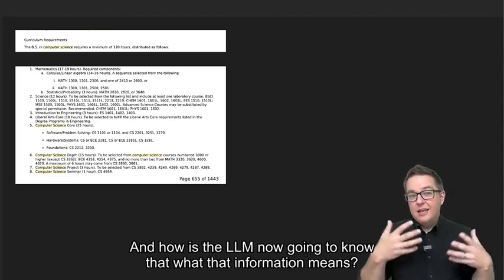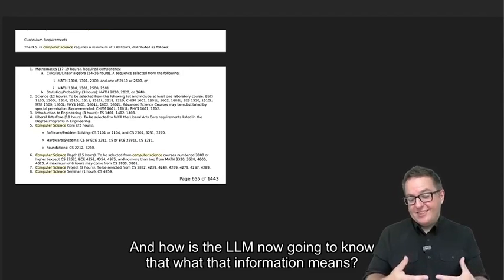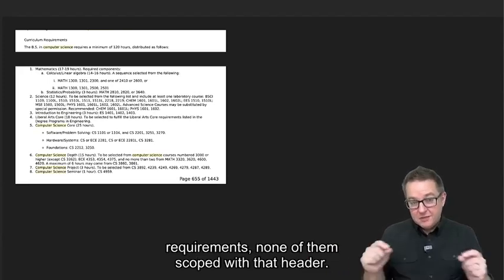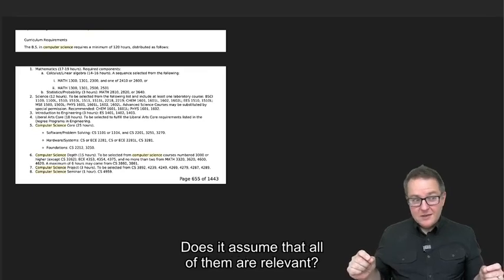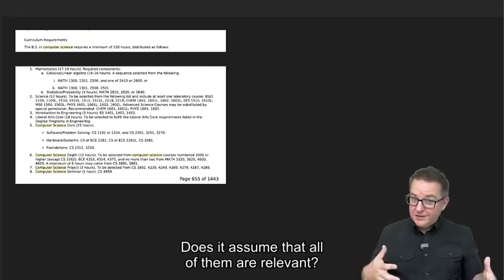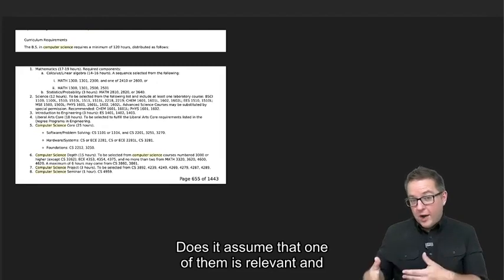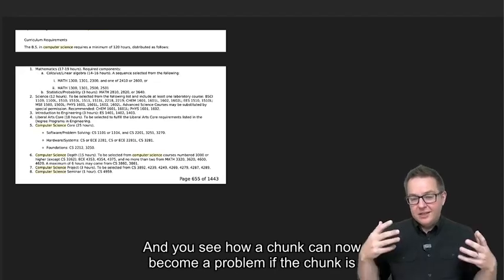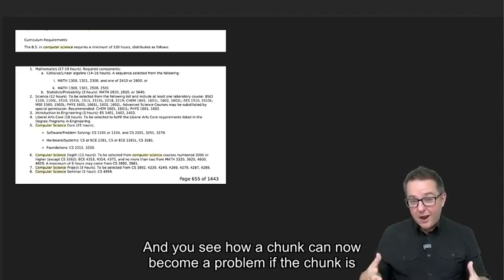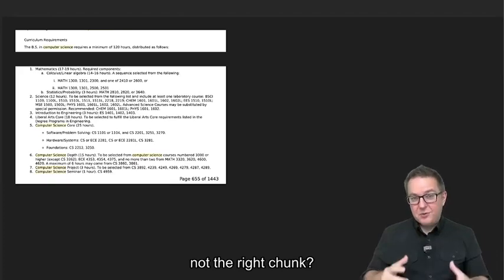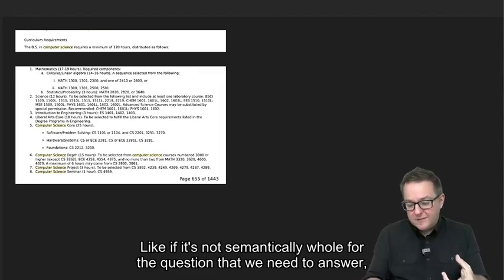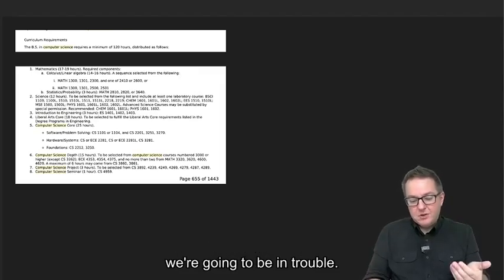And how is the LLM going to know what that information means? Or what happens if it gets a whole bunch of chunks that say curriculum requirements, none of them scoped with that header? Does it assume that all of them are relevant? Does it assume that one of them is relevant and just picks randomly some subset of them? You see how a chunk can become a problem if it's not the right chunk, if it's not semantically whole for the question that we need to answer. We're going to be in trouble.